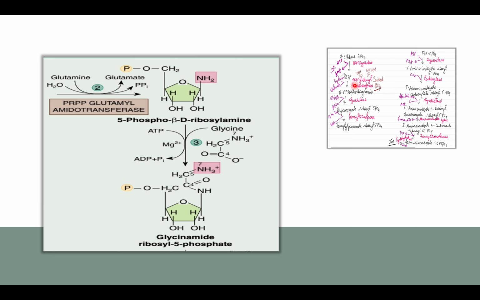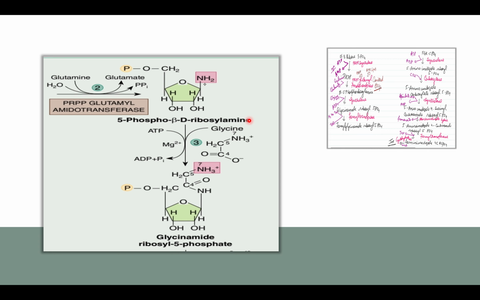This PRPP leads to formation of 5-phospho beta D ribosylamine. As you can see, this PRPP in the presence of glutamine and water releases two molecules of phosphorus which were added in the first step, leading to formation of 5-phospho beta D ribosylamine.